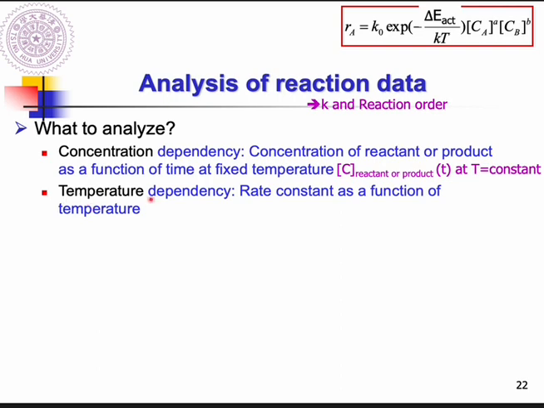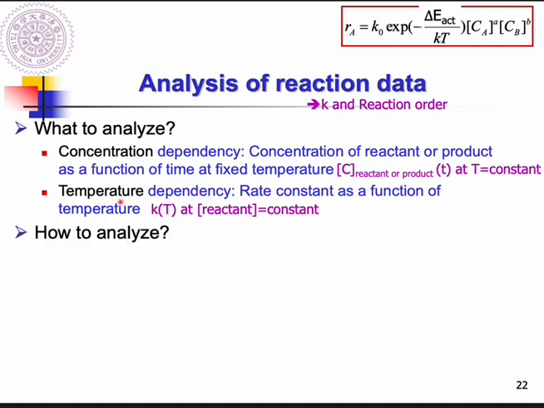And regarding the temperature dependency part, you need to keep the concentration of reactants constant, then you measure the rate constant here, or the consumption rate of reactants or products at different temperatures. Then in this case, you have a chance to know the temperature dependency.